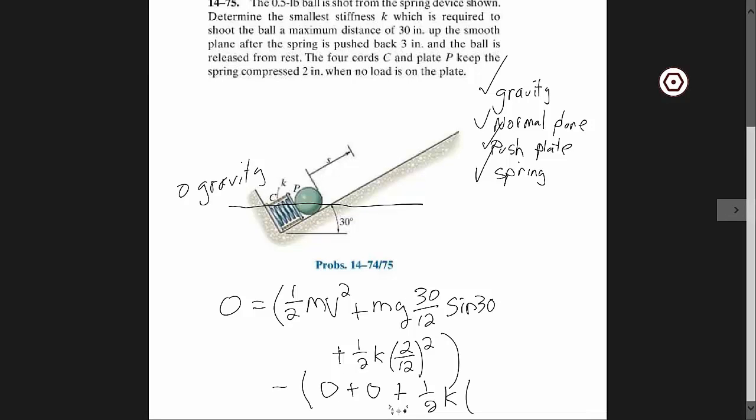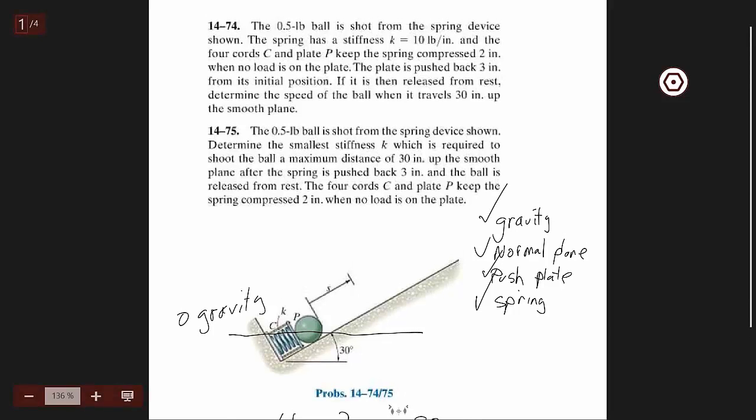How much is the spring squished? 2. Is it 2? Is it 3? 5? Is it 5? When the strings are all the way out there, how much have you got? 2. Okay, and then what did it say I did? I pushed him back some. How far back did I go? I did 3, right? So how much is he squished?